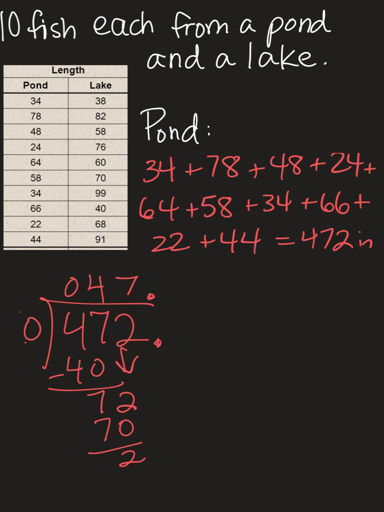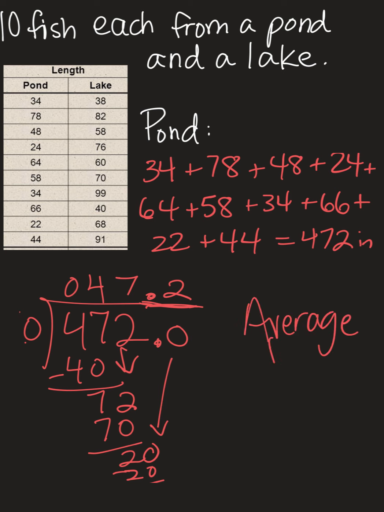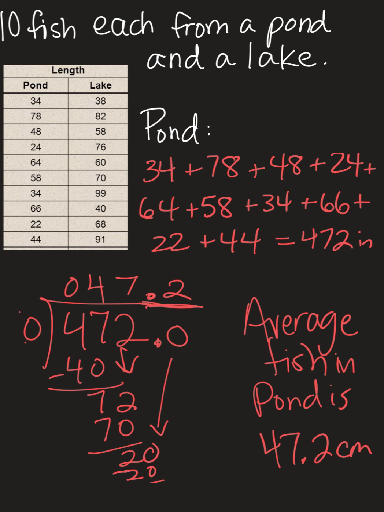I know I need to place my decimal. Throw that placeholder 0 on the end there and bring it down for 20. 10 goes into 20 exactly twice. And we are good to go. The average fish in the pond is 47.2, actually I believe it's centimeters.